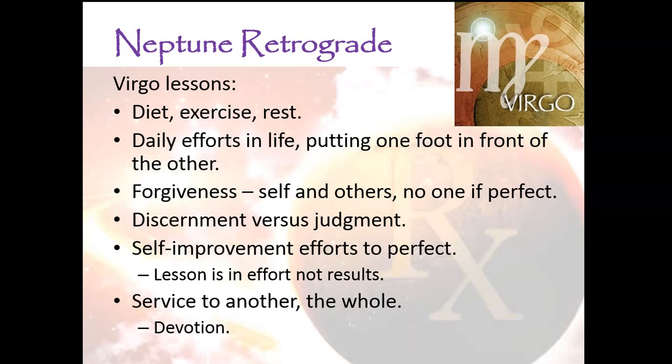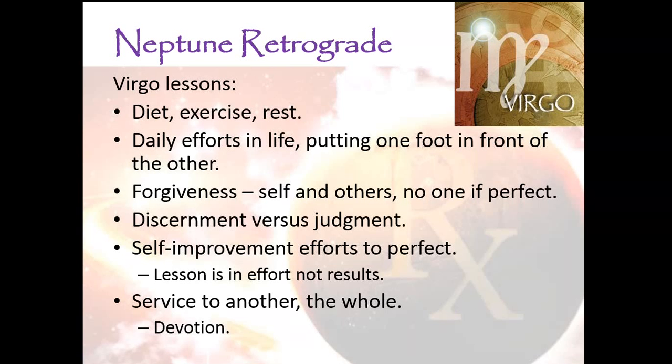because nothing clarifies better than putting oxygen in the system. The Pisces, Neptune rules the immune system. Virgo, 6th house rules diet, exercise, and rest. Those can be the catalysts that move us forward when we are going through these Neptune retrogrades.